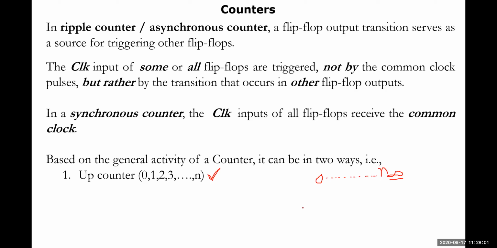I click my vote for X party, and X party increases by 1, from 0 to 1, and the remaining stay 0. A second person clicks on Y party, previously 0, now it increases by 1. So X party 1, Y party 1, Z party 0, A party 0. In this way, the up counter is used.